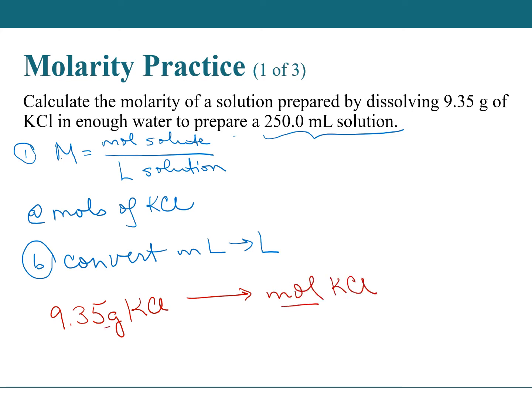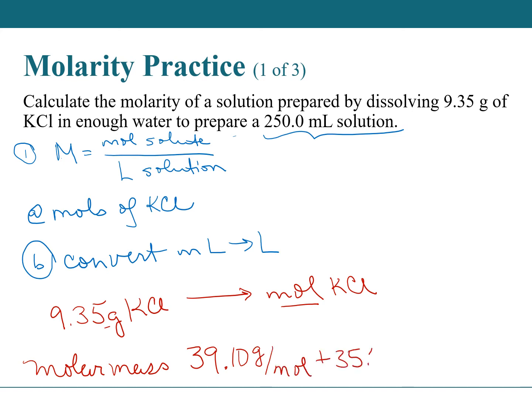Molar mass. So potassium should be 39.10, and chlorine is 35.45.